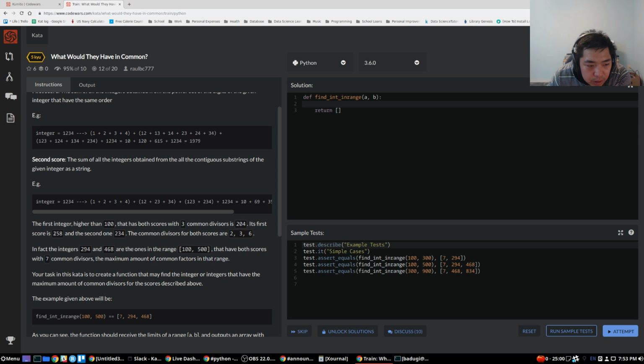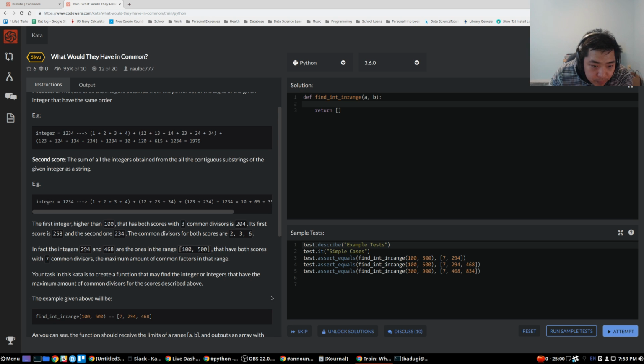Its first score is 258. The second one is 234. The common divisors for both scores are 2, 3, and 6. Okay. Really?